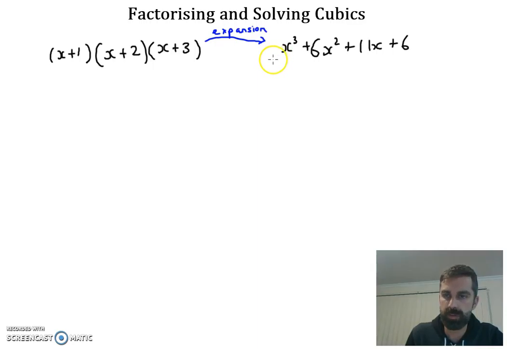Most of you are quite good at that. If we're going back the other way, that's what we call factorization.